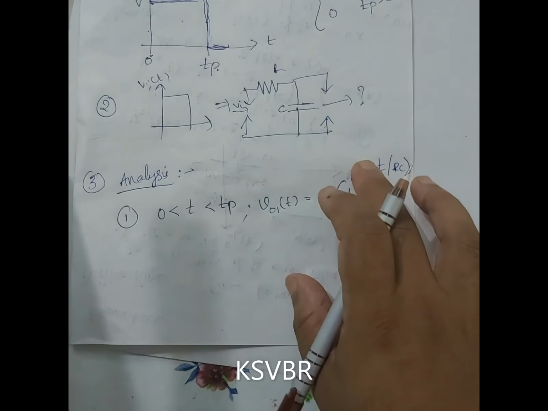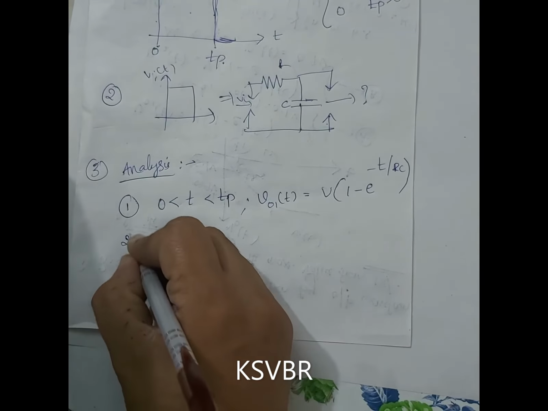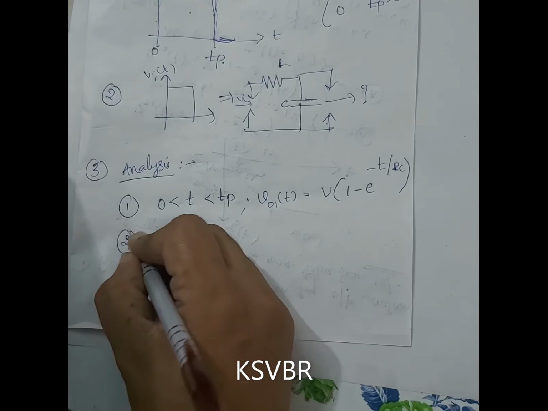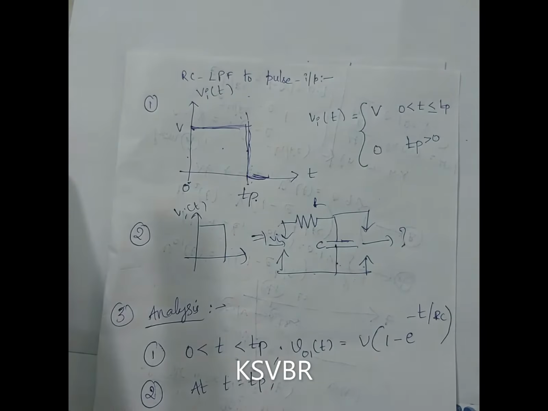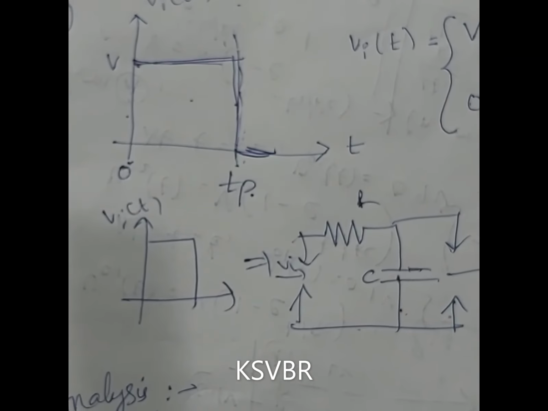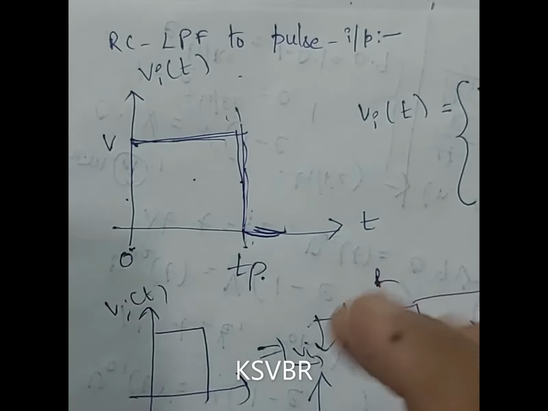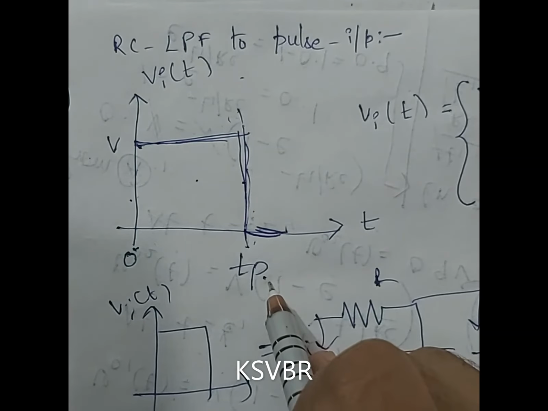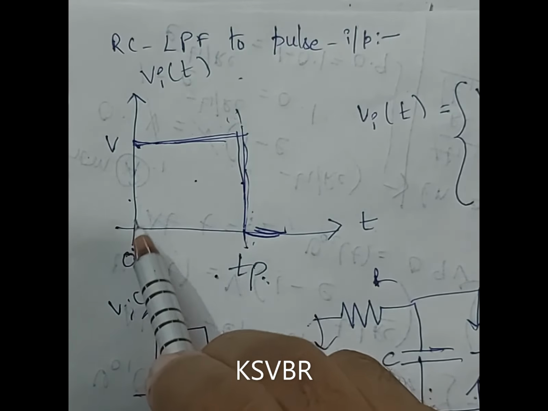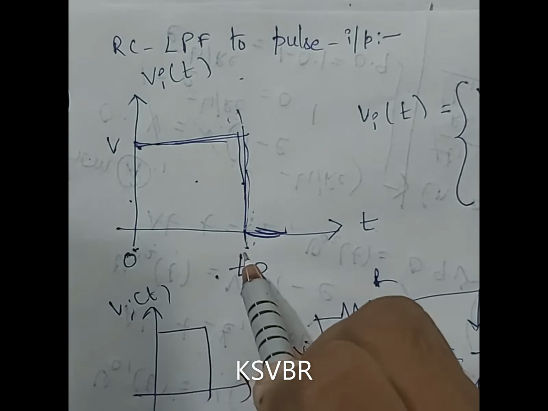Okay. In next one, at t is equal to Tp, what will happen? See, here this is our input signal. Let me be somewhat clear to you. This is our input signal 0 to Tp. So in this input signal, from 0 to Tp, this will be exponentially increasing signal.